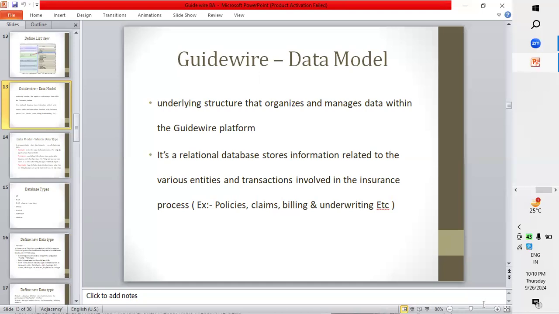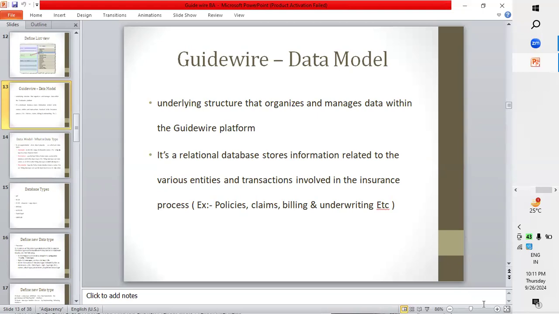Next point, the underwriting process majorly deals with assessment of risk.